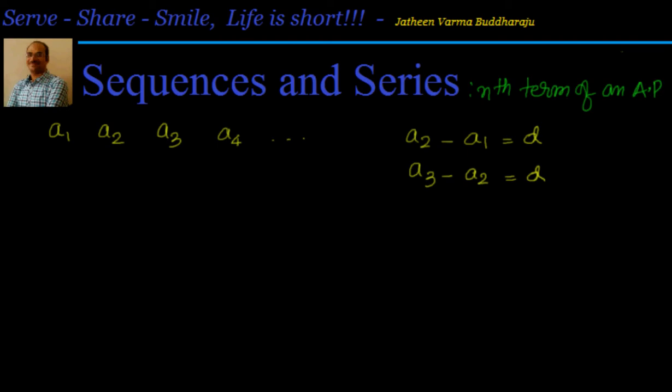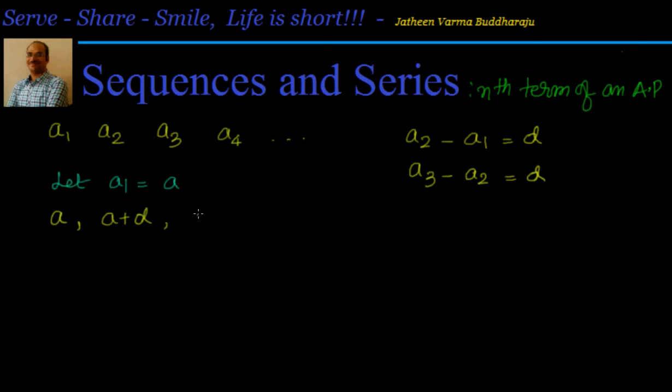Now what we will do is start by saying let a1 be equal to a. If I start with that, the first term will be equal to a. The second term, a2, is a1 plus d, that is a plus d.